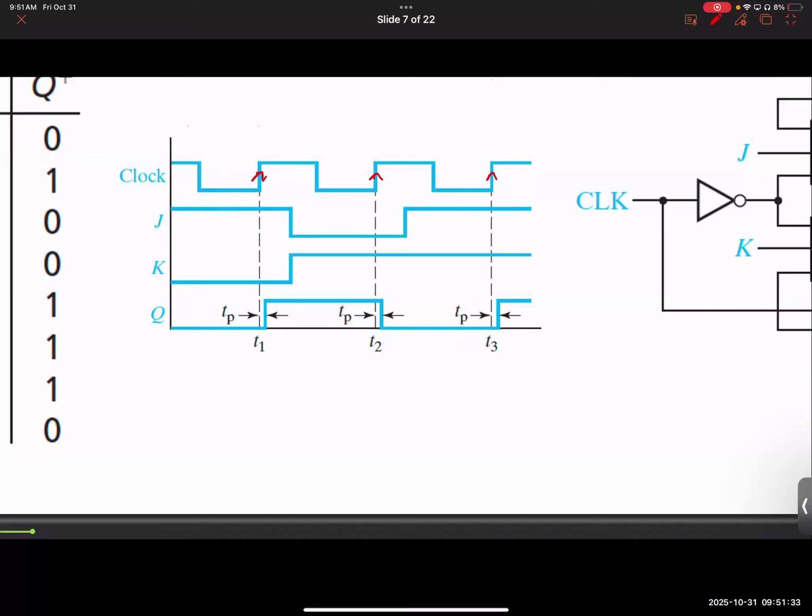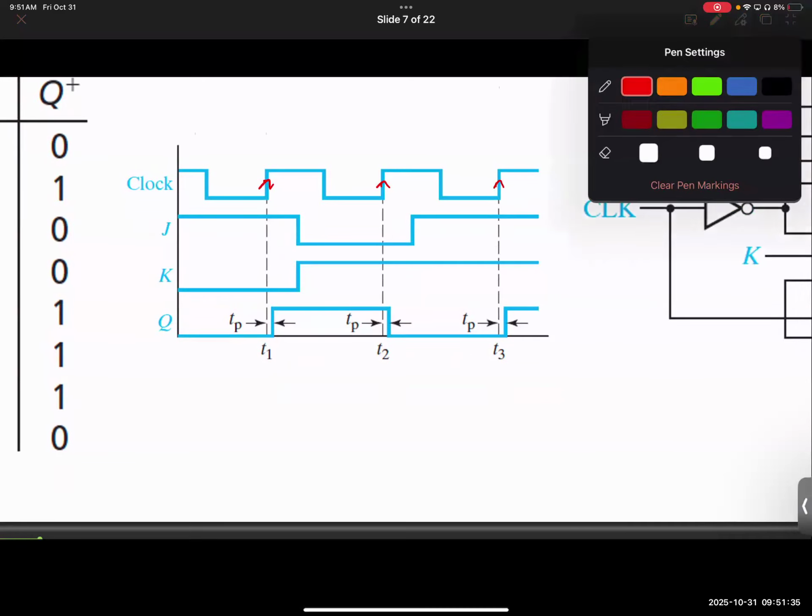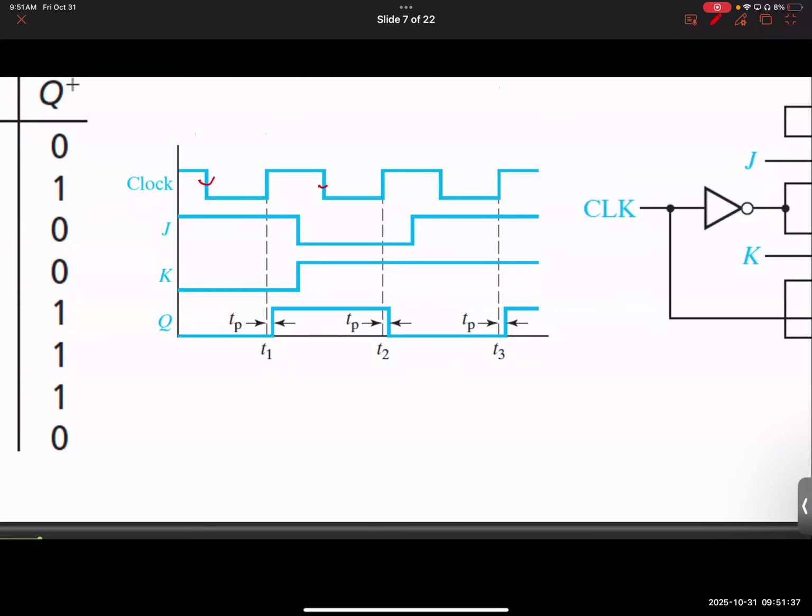Or if you see an arrow connected to the falling edge, you understand it is falling edge triggered. So we indicate which edge you should respond to with an arrow sometimes, or sometimes they show the edge, or sometimes they just mention it is a positive edge triggered flip-flop. There will be one way or the other to tell which edge to follow. For us, we'll be following the rising edge.